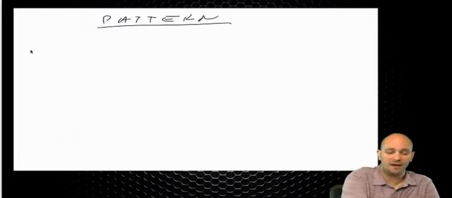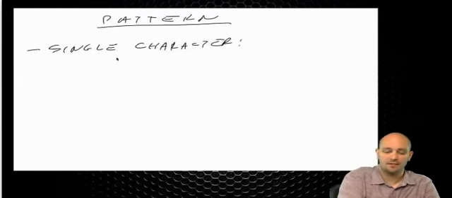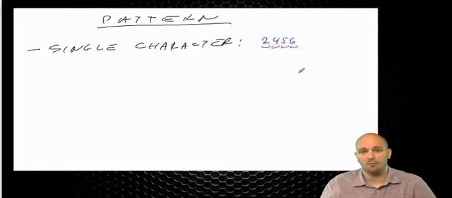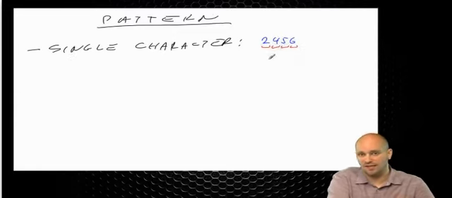Now, the pattern by default is a single character, which means that, for example, 2, 4, 5, 6 is a string containing 4 patterns that are matched individually. So regular expressions don't understand this as 2456.